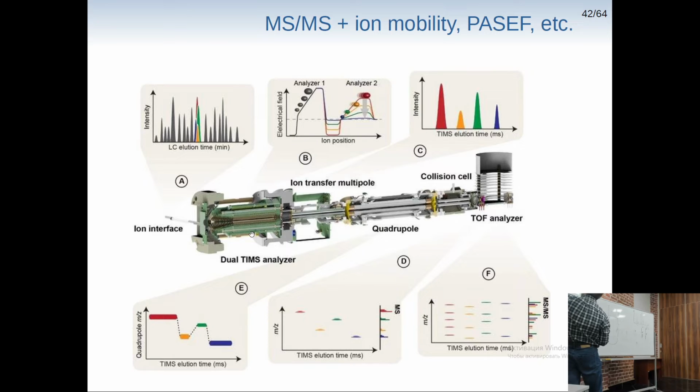The next packet of your ions will again be accumulated in this trap, so there is almost no dead time. While this is accumulating, this one gets analyzed, and so on. So there are a lot of new additions. The last 10 years were 10 years of some newer proteomics methods, new proteomics approaches like those, and I hope that we will be able to use them, because we have only one machine of this kind, unfortunately, but fortunately in St. Petersburg, so it's possible to use it.